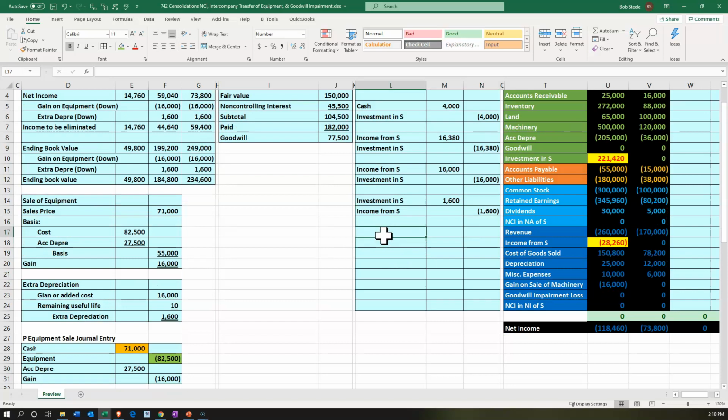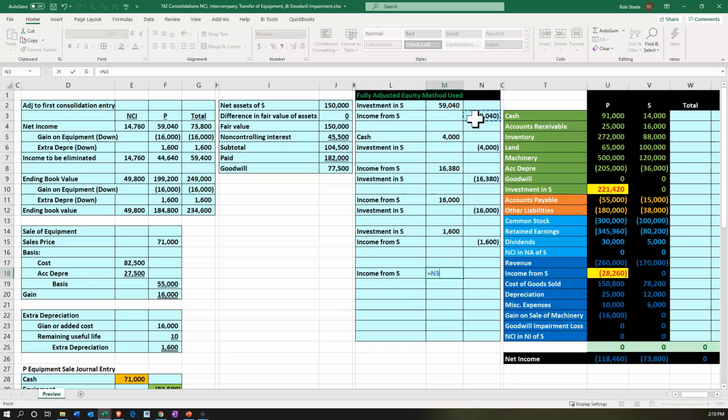So let's see if this ties out now. Let's add up the income ones: this plus this, plus this one and this one, adds up to 28,260, which ties out here. So we've reconstructed that number. And now let's add up the investment ones. These won't come out to the same number, but we can at least add them up and see what we got so far.